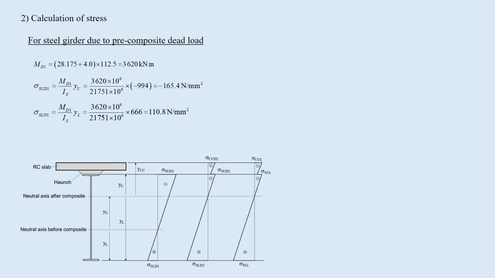The stress distribution is shown in this figure. The stress of the steel girder due to the pre-composite dead load is calculated with the design bending moment, moment of inertia, and yu and yl like this.